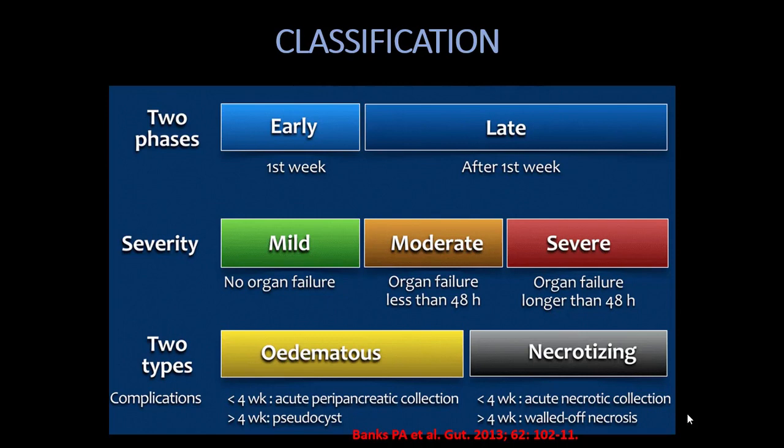The organ dysfunction is persistent, lasting 48 hours after adequate fluid resuscitation, and the patient requires ICU admission. And there are two types, edematous pancreatitis and necrotizing pancreatitis.